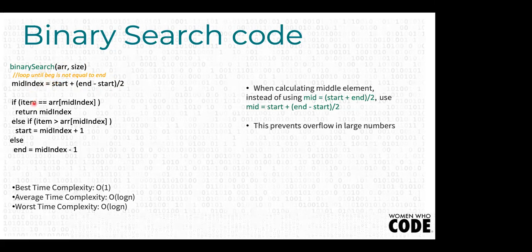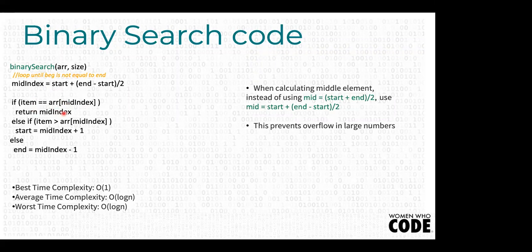The next step is to have some conditions to check where the target lies when compared with the middle element. So the first condition here is if the item is equal to the middle element that we have calculated.